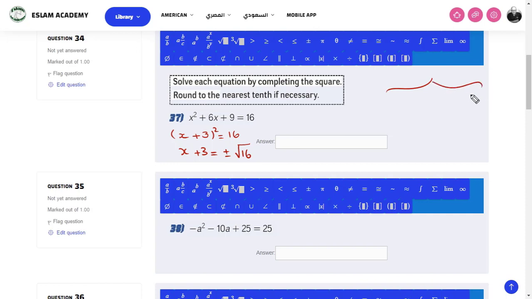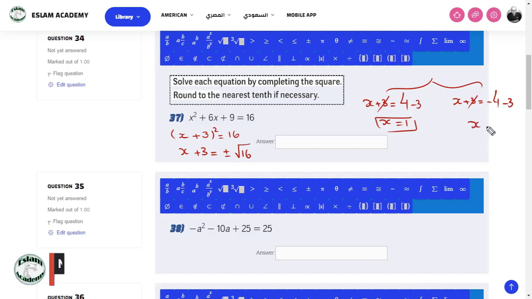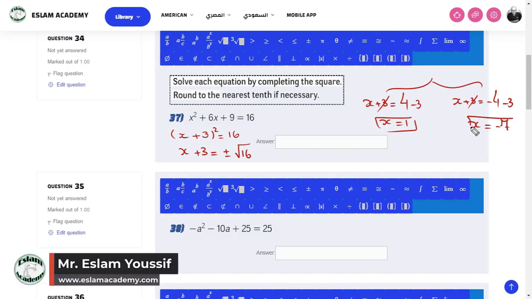So we have now two solutions. x plus 3 is equal to the square root of 16, which is 4. Or x plus 3 is equal to negative 4. Now by subtracting 3, then x is equal to 1. And subtracting 3, then x is equal to negative 7. So the solution now would be 1 and negative 7.